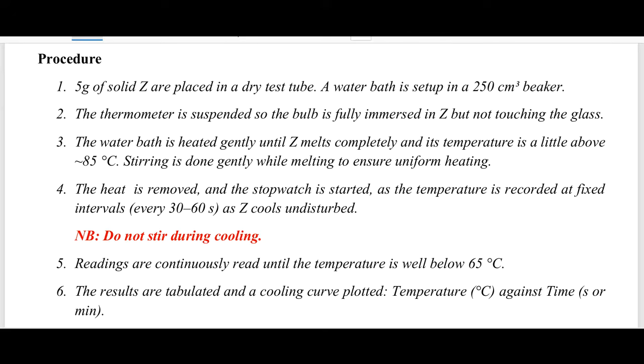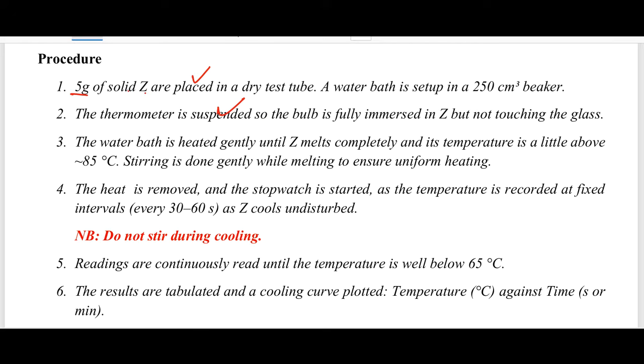The language of procedure remains the same. We don't just say add this. Instead, we say 5 grams of solid Z are pressed in a dry test tube, and then a water bath is set up in a 250 cubic centimeter beaker. Then number 2, the thermometer is suspended so the bulb is fully immersed in Z but not touching the glass.